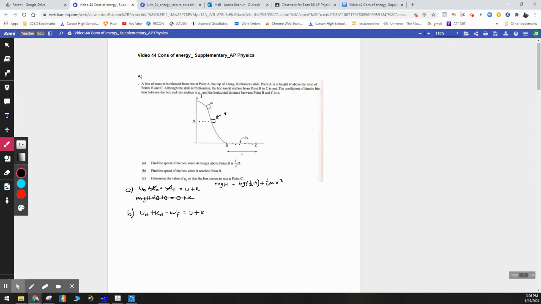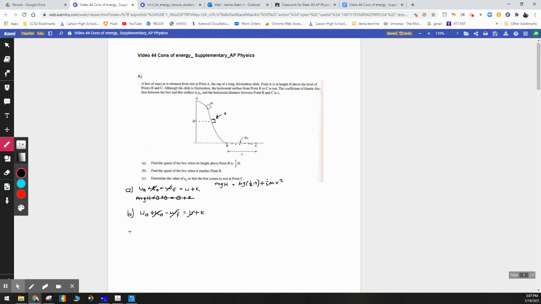This time we're going to start from here, and what's the velocity at point B? It starts with no kinetic energy, there's no friction, and potential energy is 0 at the bottom. So the initial potential energy is going to equal the kinetic energy.